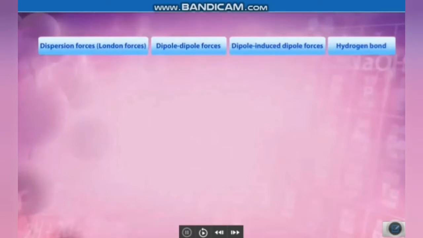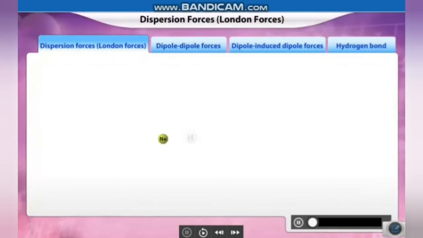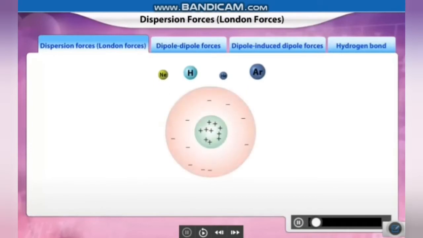Dispersion forces. There are a few molecules which are non-polar in nature. In these molecules, the electrons are surrounding the positive nucleus symmetrically. So during this revolving of the electrons around the nucleus, there is no charge developed on the atom. That's why they are non-polar in nature.